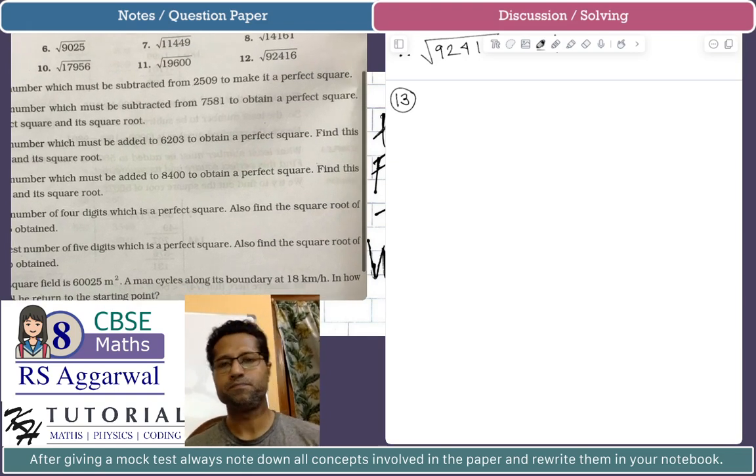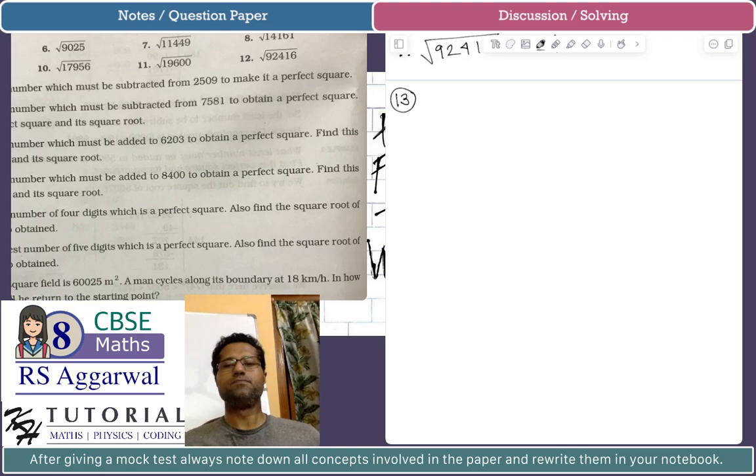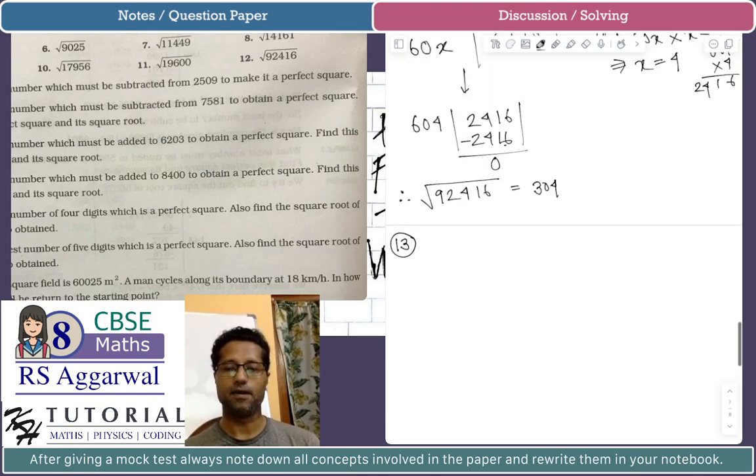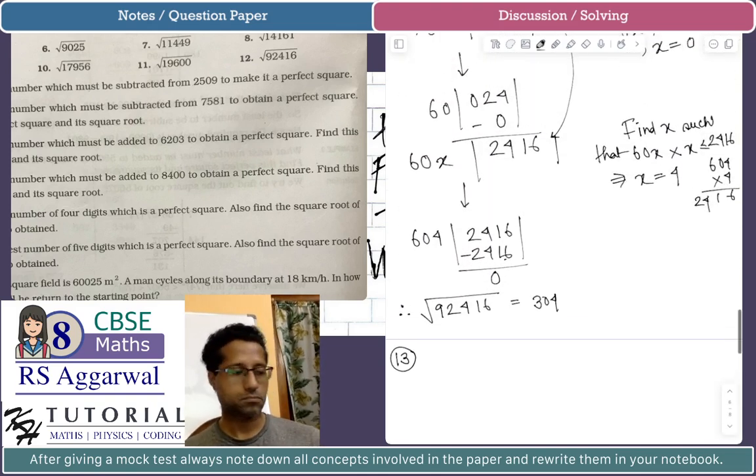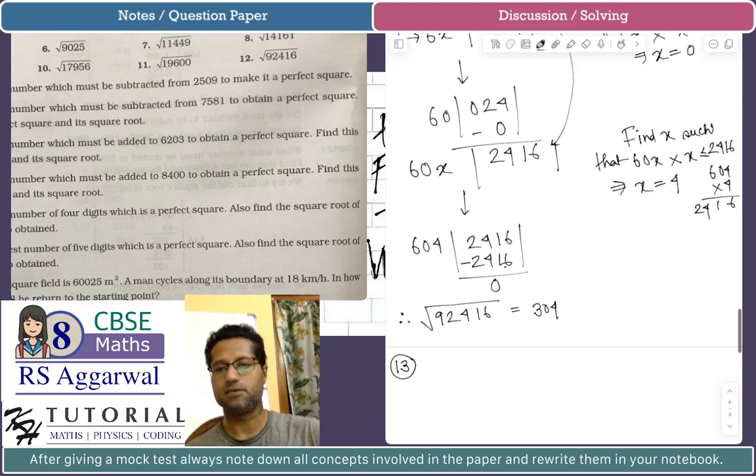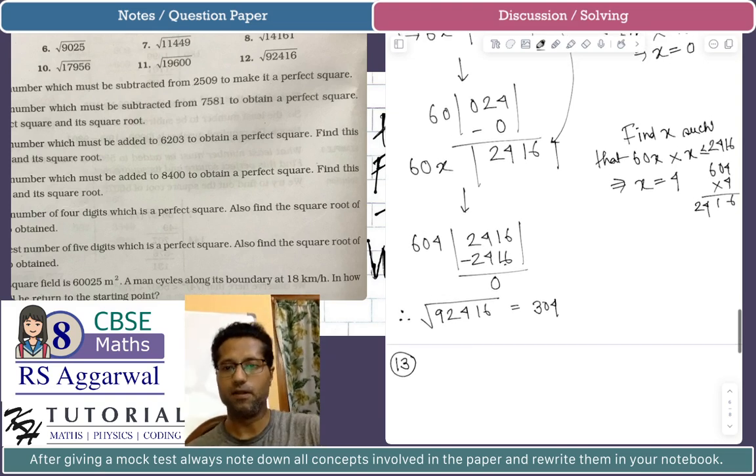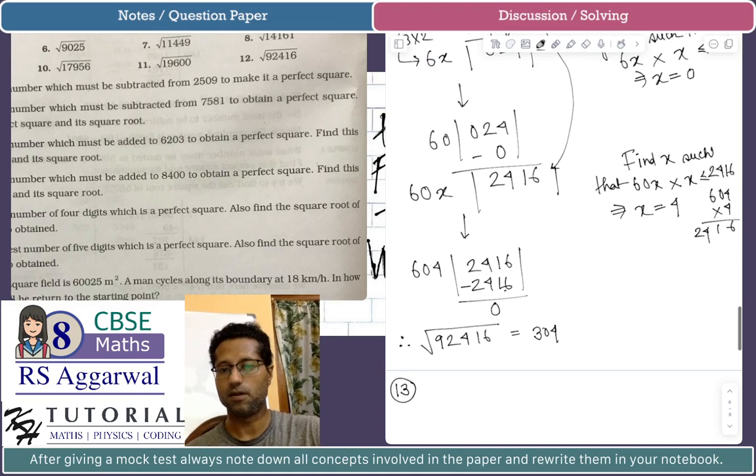Now always remember that when you are performing the long division method, it can be the case that you will have some remainder left and there are no more periods. If any remainder remains and there are no periods, that means the number is not a perfect square.